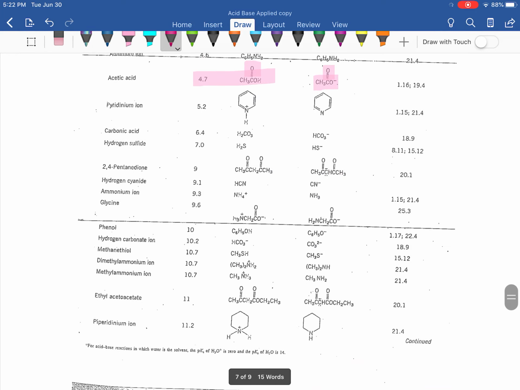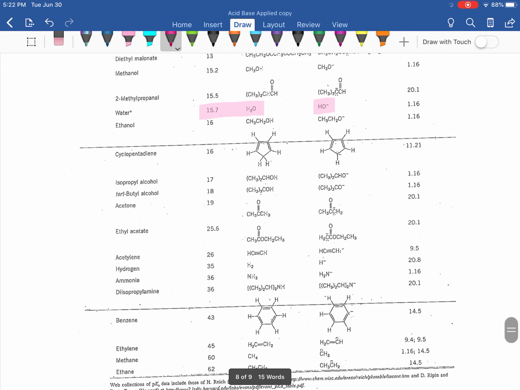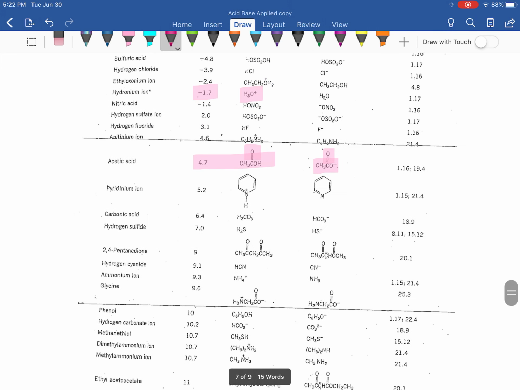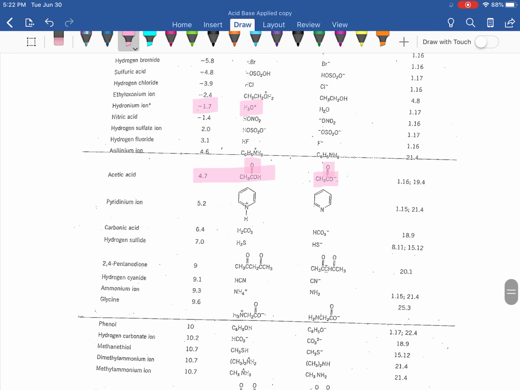Let's look on our pKa table. I don't seem to see it, or do we? Let me help. Okay, it's called phenol, and they just didn't draw out the structure.